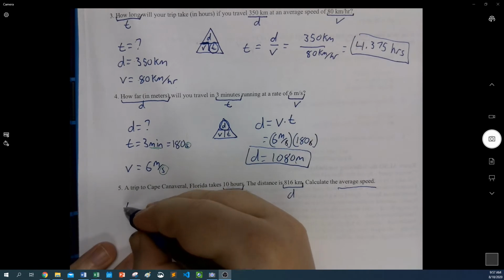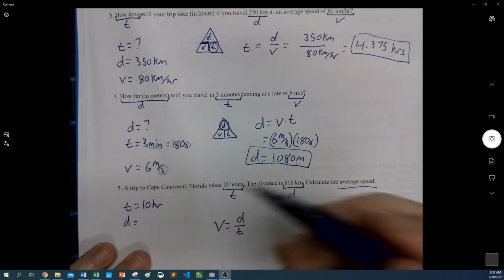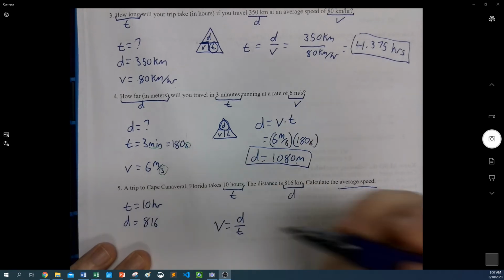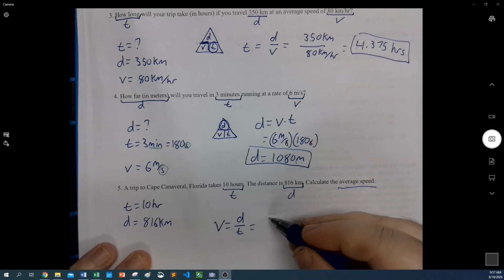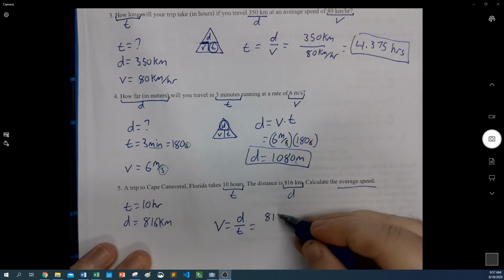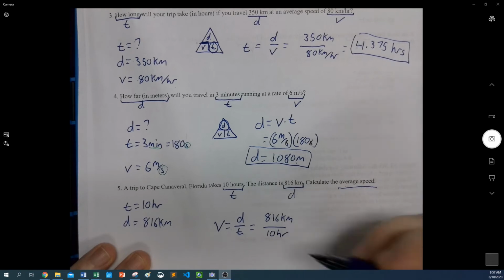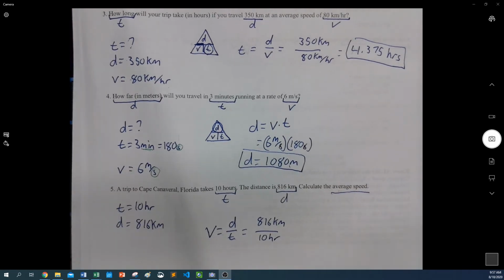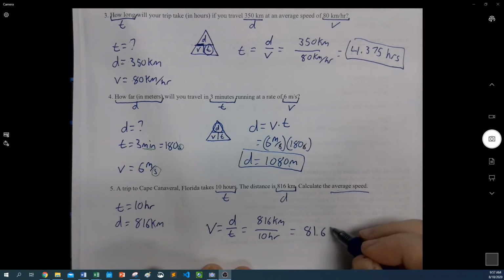It's always good to write your given variables out. So plugging it in, 816 kilometers per 10 hours. That would be 81.6 kilometers per hour.